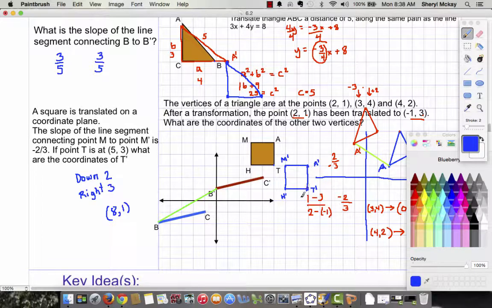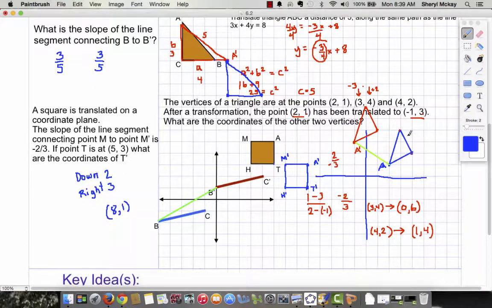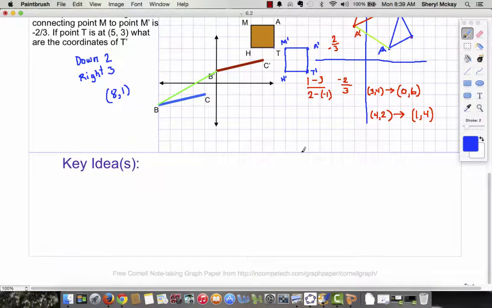And that's translation, with a few little tricky things that it's just good for us to know about translations. Translations are probably the easiest thing to do, but isn't that cool that something that we learned way back when we were studying linear equations can apply to something in geometry? All right, go ahead and write a key idea down here that will help you to remember, and I'll see you in class.